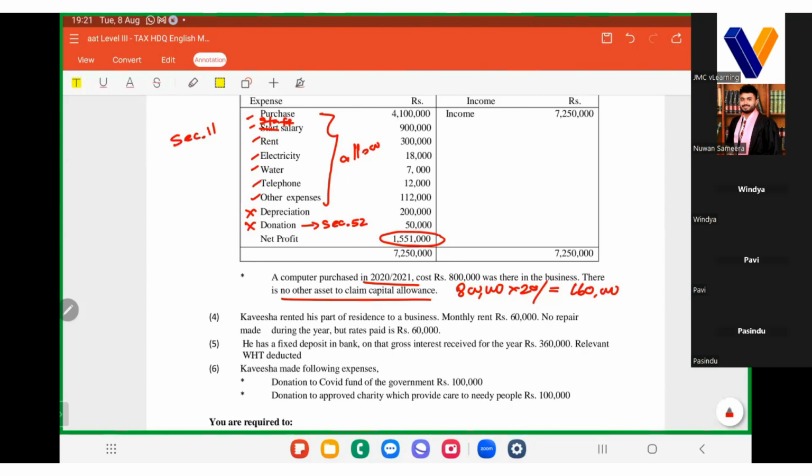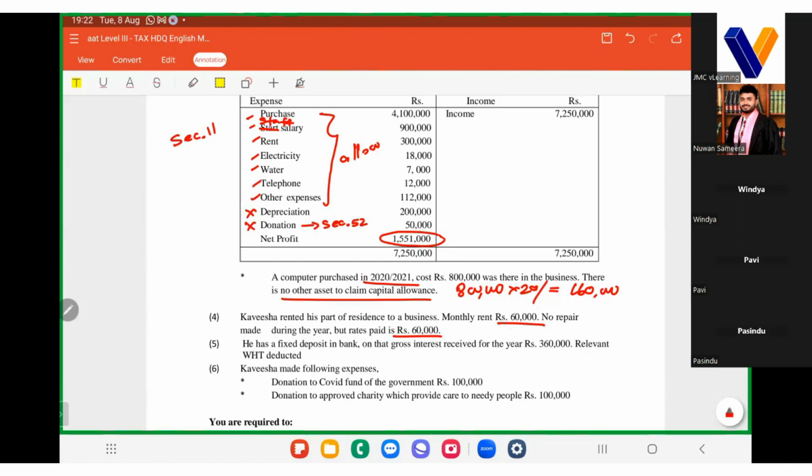So Kavisha rented part of his residence to a business. Monthly rent is 60,000. No repair was made during the year, but the rate paid is 60,000. That is an investment income. They have given nothing about withholding tax. So why is withholding tax not applicable?